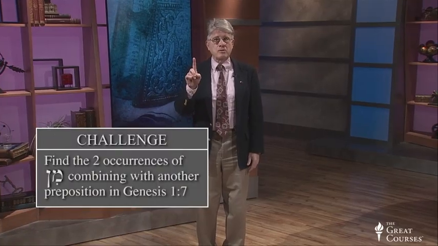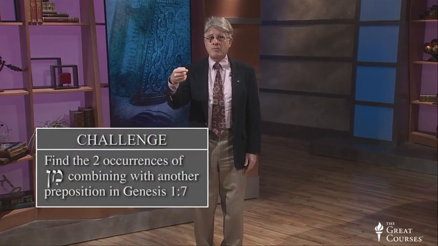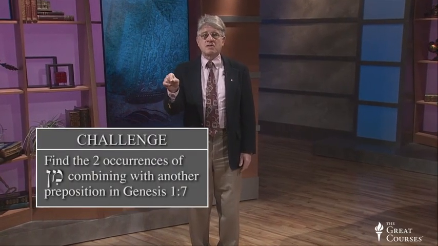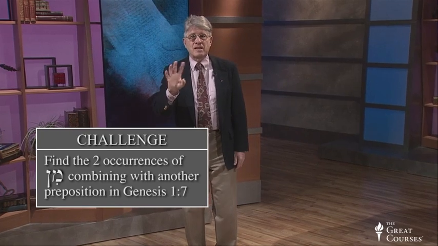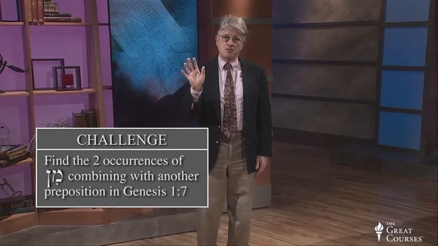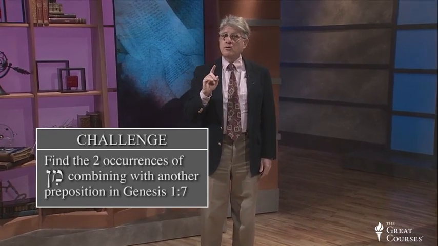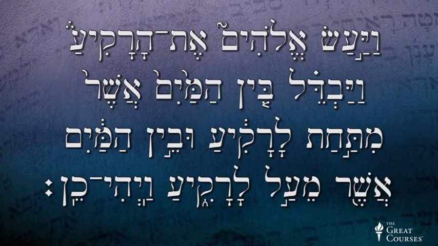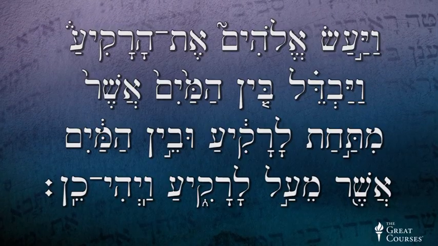There are two occurrences of that right after our passage in Genesis 1:7. See if you can spot them. That's actually a good exercise to try, because we've only learned one of these prepositions. But attached min appears twice. If you can find both of them, you've learned what you need to know about min. Stop the lesson and take a moment to look for them.